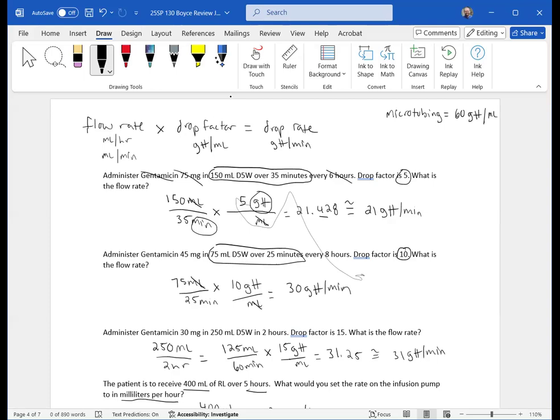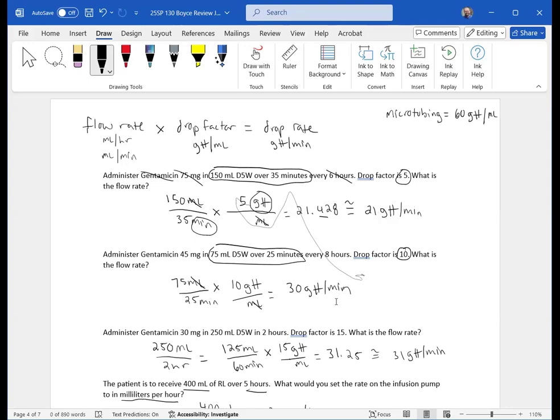So like I said, those are the main types of new questions. You're going to do your fluid intake, you're going to do your conversions, your metric to metric, your metric to household, household to metric.